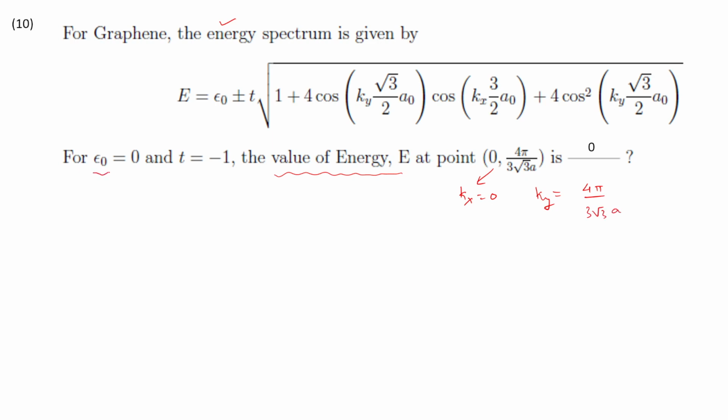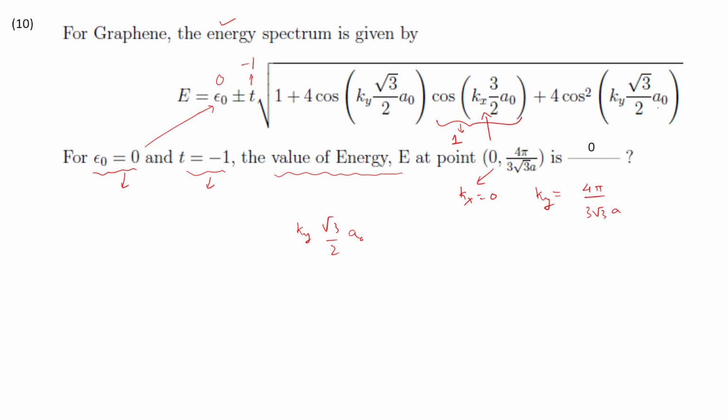We have been given epsilon naught equal to 0 and t equal to minus 1. So kx is 0, cos 0 is 1, and we just have to find ky root 3 by 2 a naught.